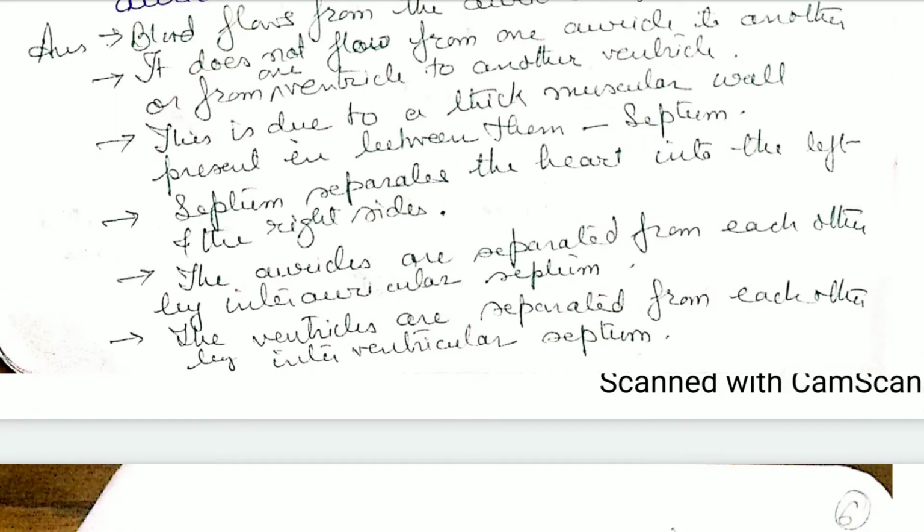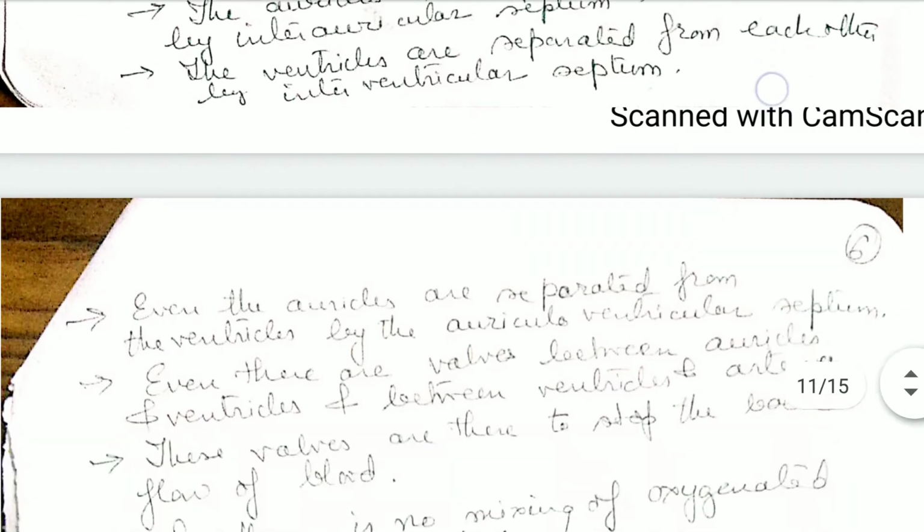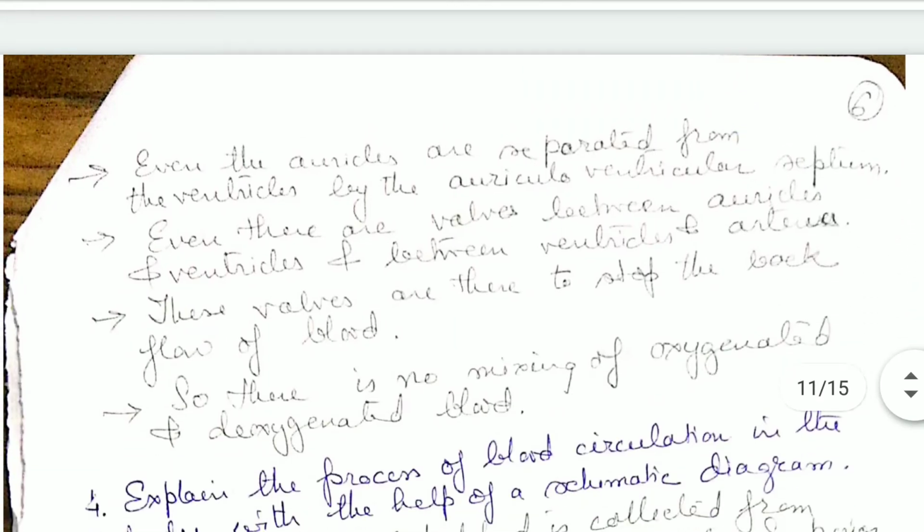So the auricles are separated from each other by interauricular septum and the ventricles are separated from each other by interventricular septum. And even the auricles are separated from the ventricles by the auricular ventricular septum. Only thing is that the blood is flowing from auricles to the ventricles through the valves.